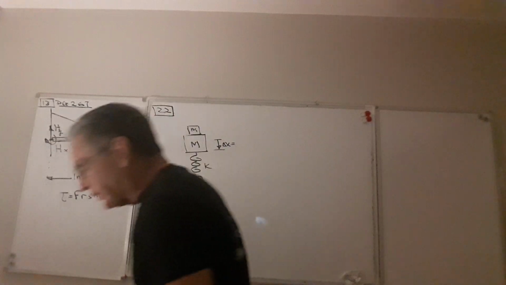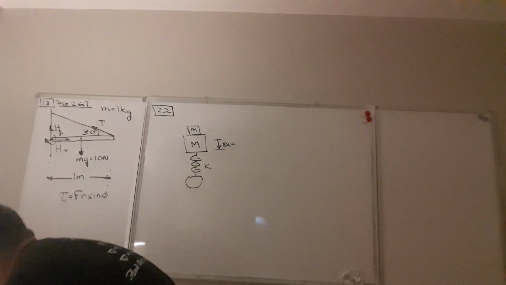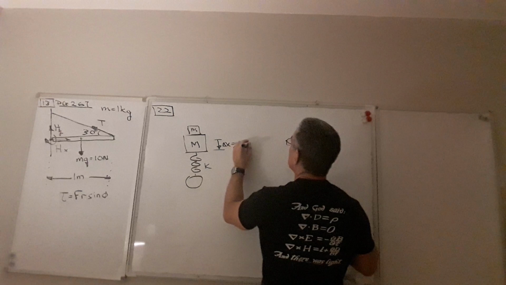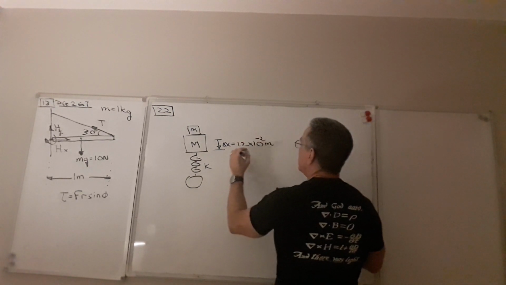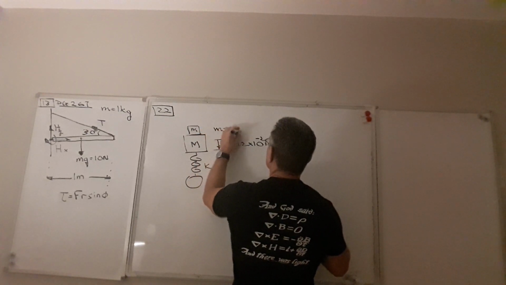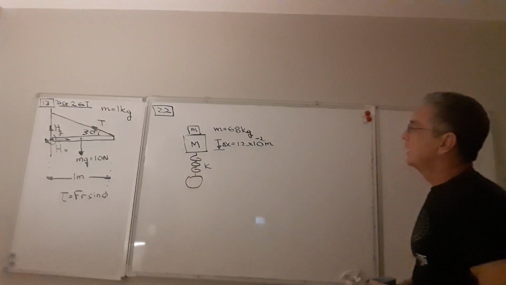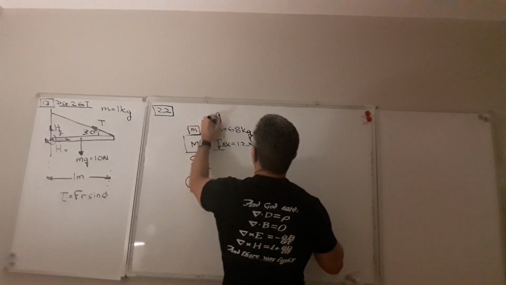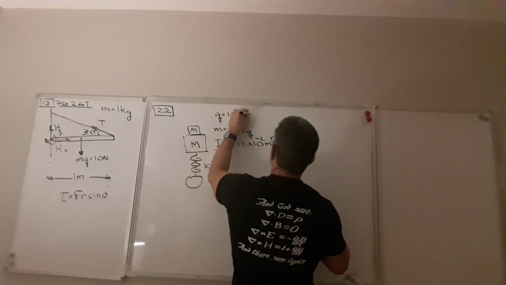Okay, the amount that it compresses, they said, was 1.2 centimeters. So that's 1.2 times 10 to the negative 2 meters, where M is 68 kilograms. Okay, I don't have my calculator with me, so I'm going to assume that G is equal to 10 meters per second squared.